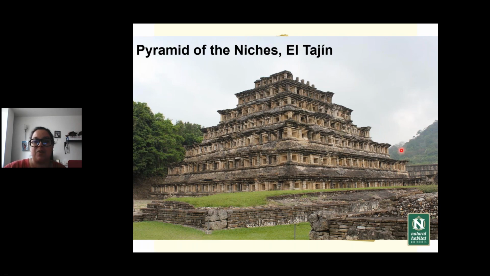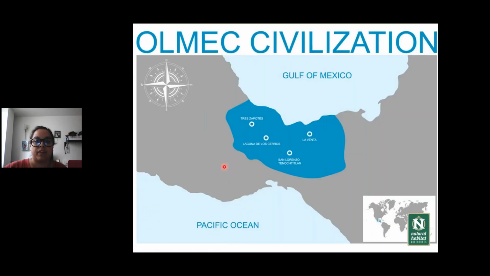It's still not fully settled what this was for, but in general terms, that's what most archaeologists say, that it was made for a solar calendar system.